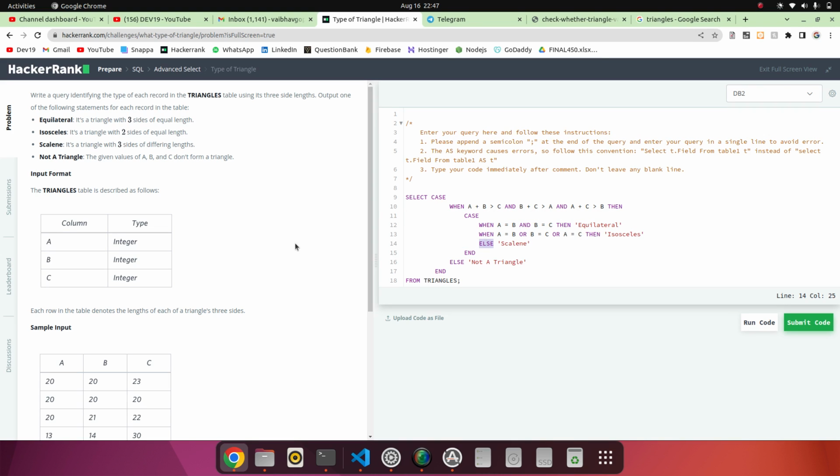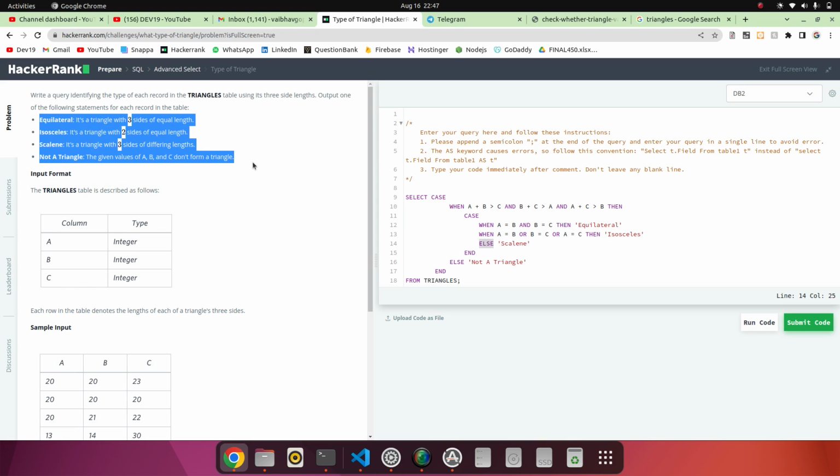Now we will move to our answer, how to write the query. Here we have four types of triangles in the database with these sides.